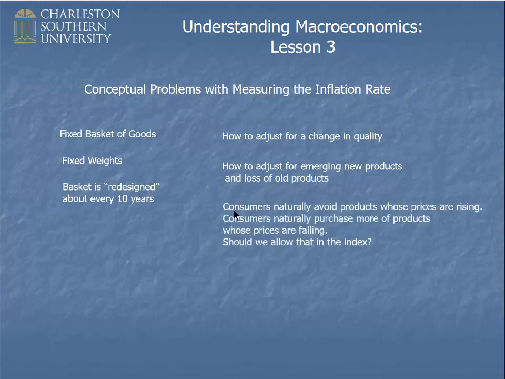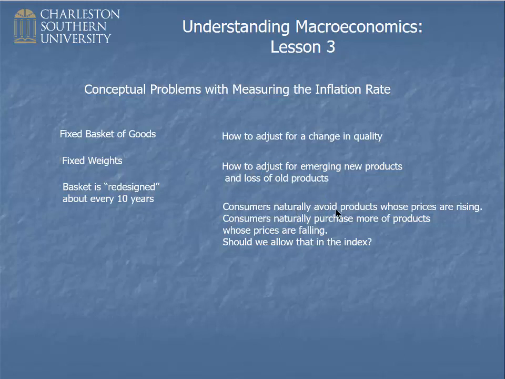Then you might think consumers naturally avoid products whose prices are rising. So when something's getting more and more expensive, we find ways to economize on that. But that's not allowed by this assumption here of the fixed basket and the fixed weights. This kind of imaginary consumer, this composite consumer that the Bureau of Labor Statistics uses to calculate the inflation rate, buys exactly the same thing every month.